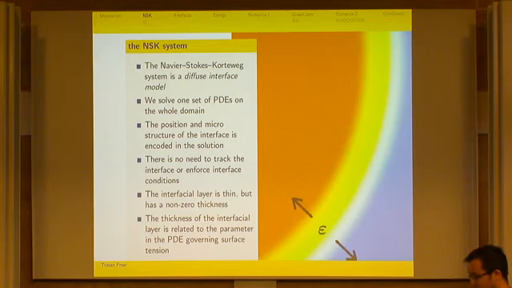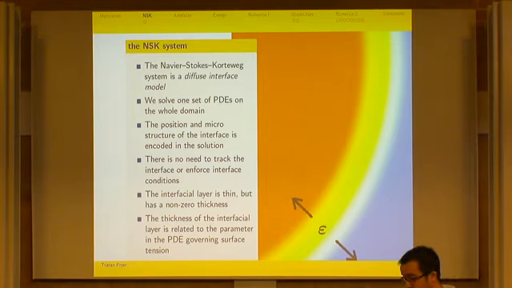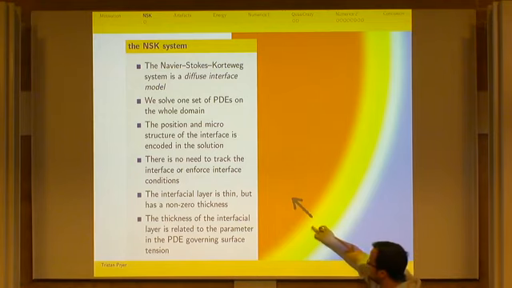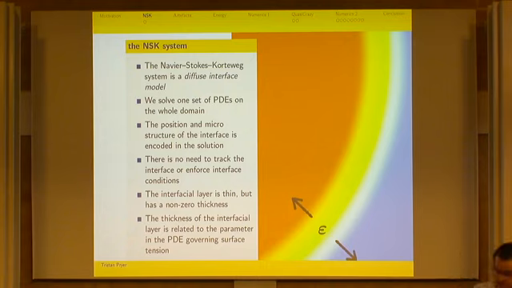The reason we do this is because we have one set of PDEs that we solve on the entire domain, and the position of the interface, this thing here, is hard encoded into the system itself. So I don't have to do things like track the interface. I don't have to worry about bulk surface coupled PDEs. It's simple for me to deal with.